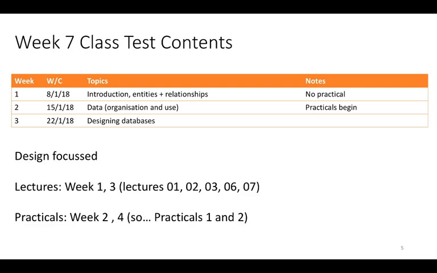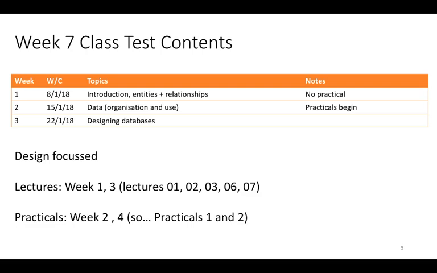Okay. Just to quickly come back to something we talked about. The week 7 class test is going to be design focused. Just a reminder, the lectures that apply to it are the ones from week 1 and week 3, so lectures 1, 2, 3, 6 and 7. And the practicals that it relates to are the first and the second practical, practicals 1 and 2 that happened in weeks 2 and 4.